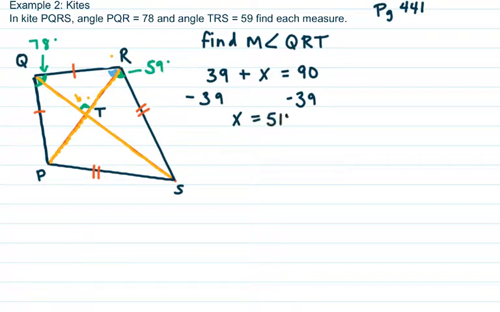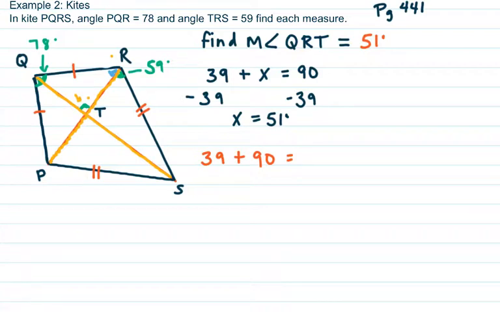Okay, so this angle equals 51. The other way I could have looked at it is I could have just added 39 plus 90, because those are the two numbers in the small triangle that I know.